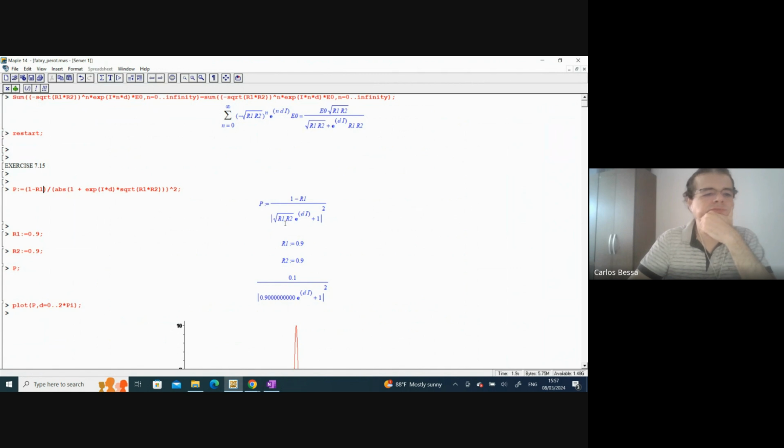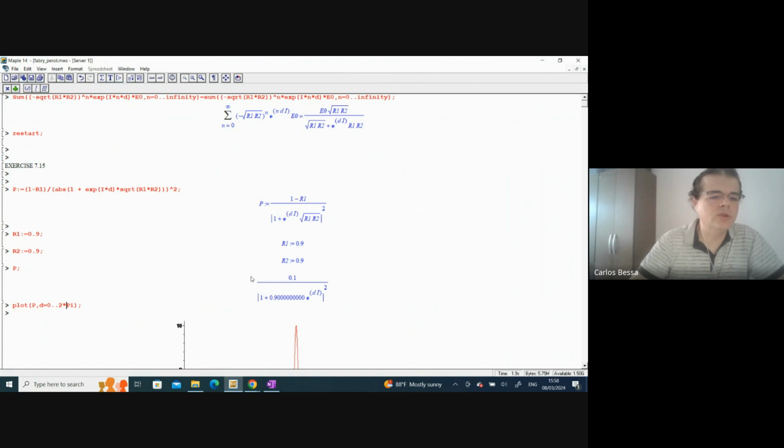Okay, when I define here, it's defined. So R1 equal to 0.9, R2 equal to 0.9. And P, that is the P cavity over P in, just to write the expression in terms of these numbers.